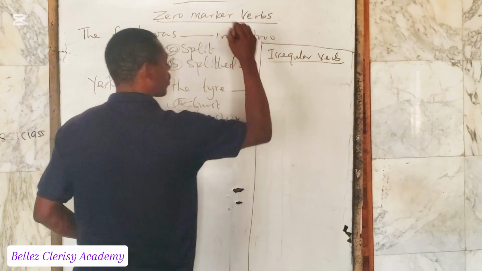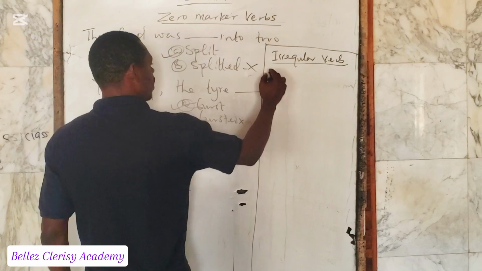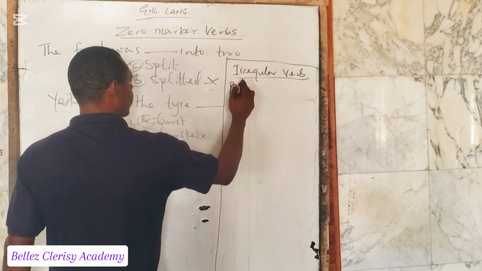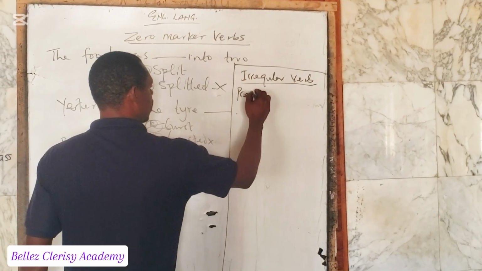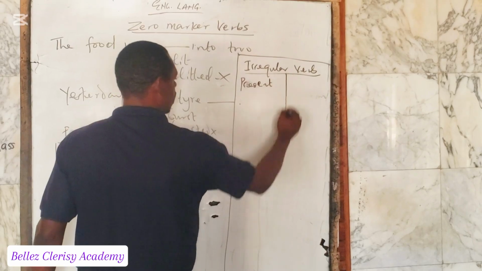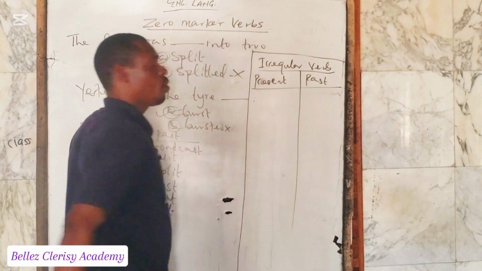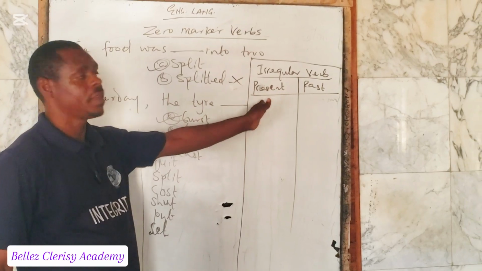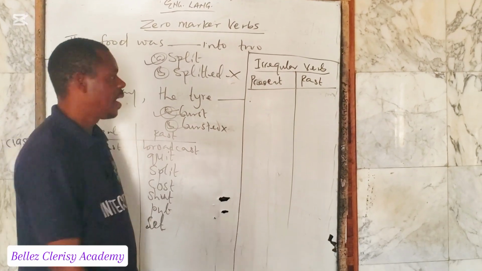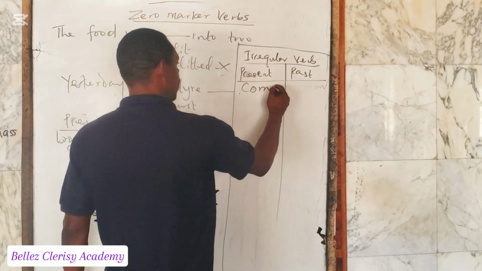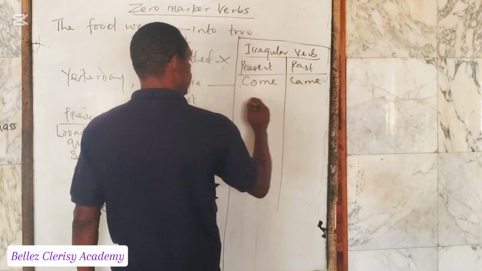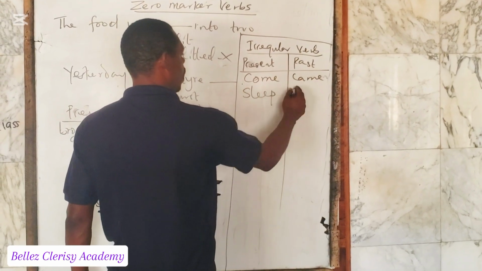Irregular verbs. These are verbs whose past tense is different from the present tense. Like the verbs come, then we have what? Came. We have sleep. We have what?